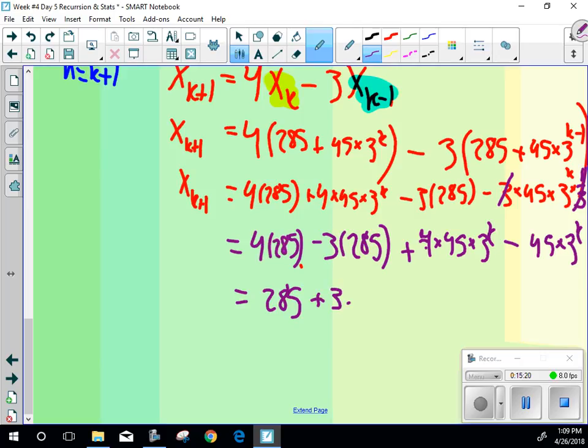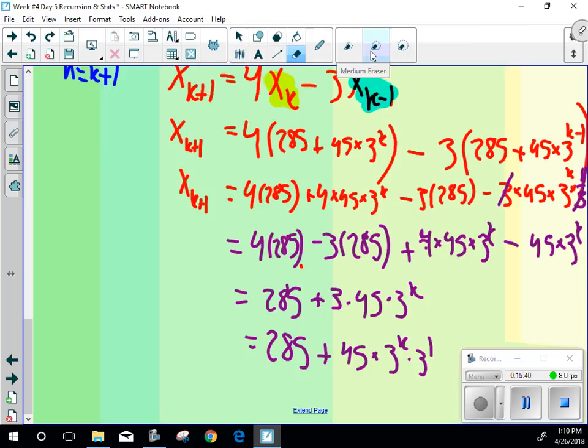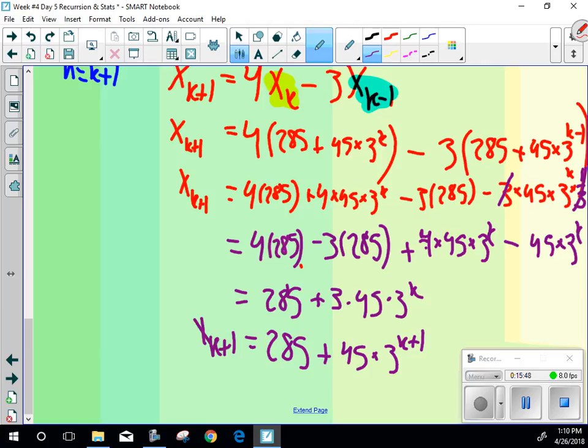That is plus 3 times 45 times 3 to the k. So we can say this is 285 plus 45 times 3 to the k times 3 to the 1. What's a quicker way of writing 3 to the k times 3 to the 1? Oh. What just happened? Therefore, true for n equal k plus 1.